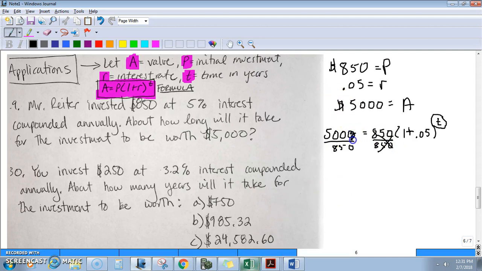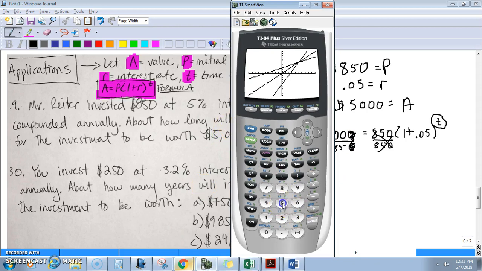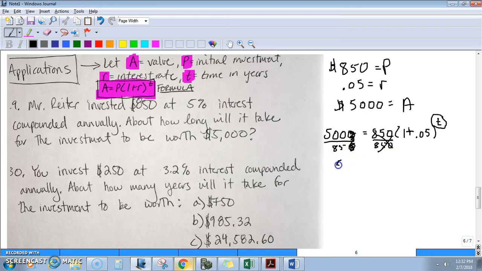So 5,000 divided by 850, let's see here. Oops. $5.88 approximately. And I'm going to go ahead and change this to be 1.05. And let's take the log of both sides.